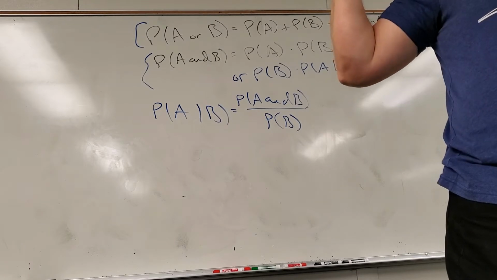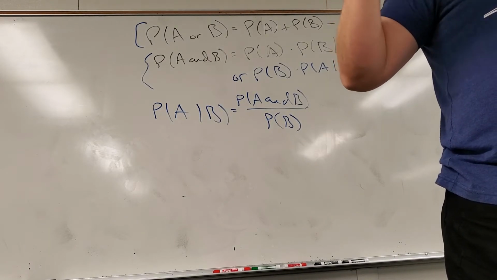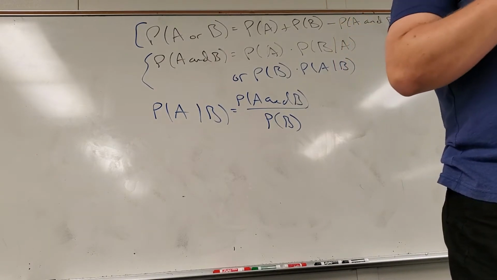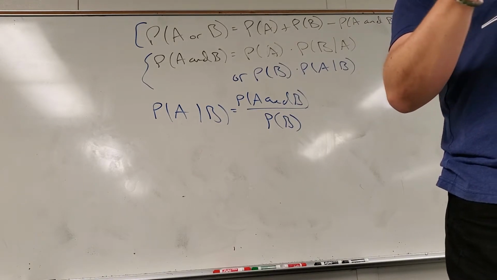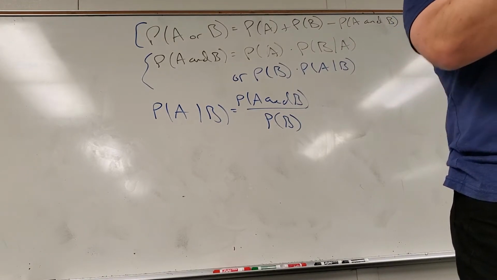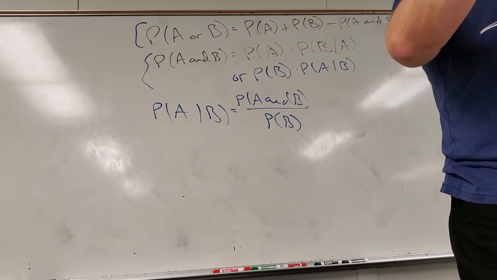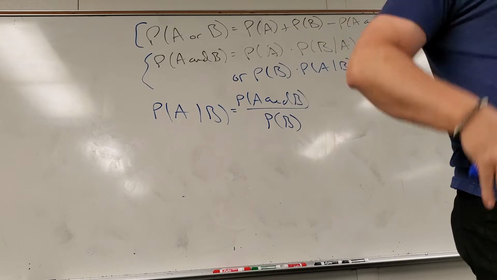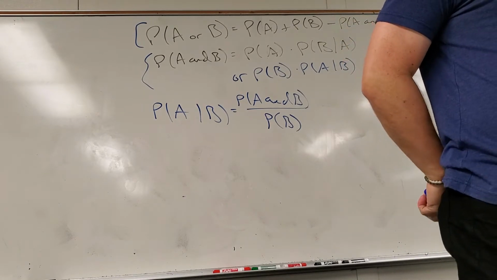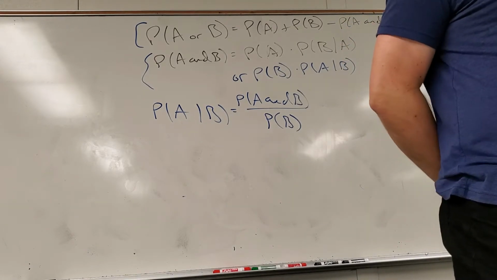Anything else that you think should be on the formula sheet for this? What about independent? Oh, that's an idea, not a formula. All right, so we can talk about that in a minute, about what independence means, what mutually exclusive means. Anything else that you think should be up there that I can shoot down?